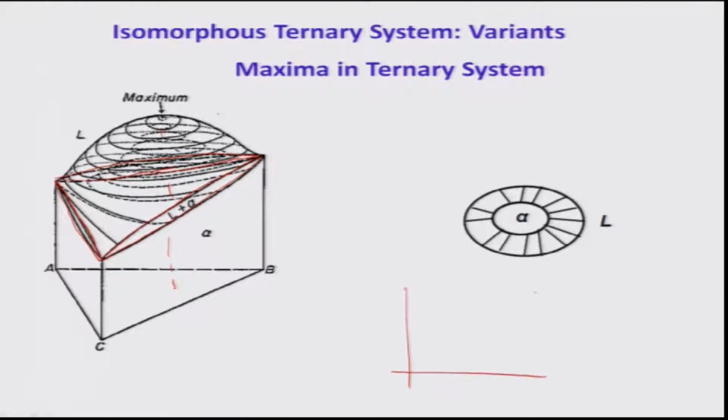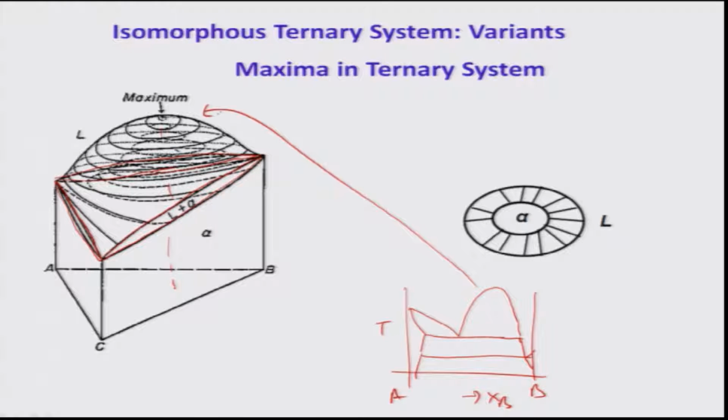In a monotectic system you have seen, right, there is a dome like this. This is the dome in the monotectic system we have seen. So, instead of that, this particular thing is present in the ternary system. Therefore, this surface has a maximum point like this. This is the maximum point and it slopes down.